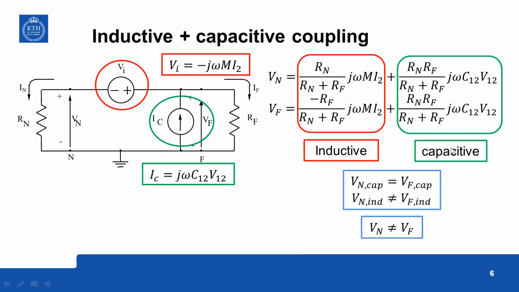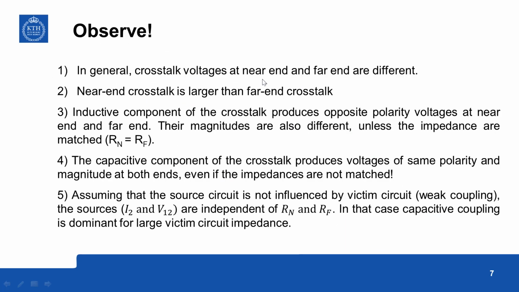So inductive and capacitive coupling, what I said just above is recapped here. The capacitive coupling part is the same for both near end and far end, whereas the inductive part is different. So in general, Vn is not equal to Vf. So crosstalk voltages at near end and far end are different.